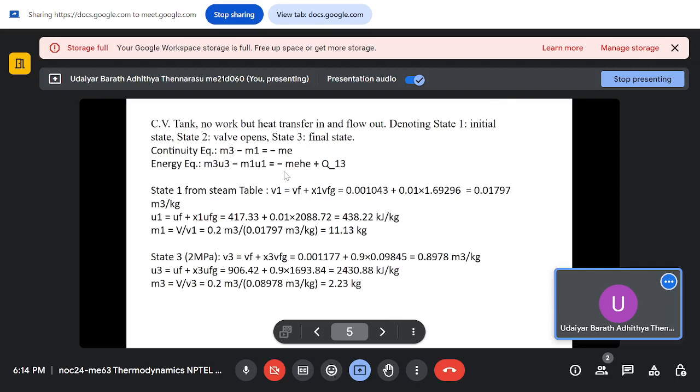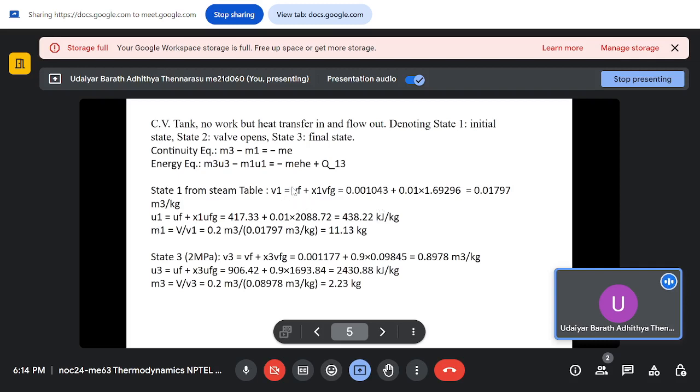Then we will also find the internal energy. So internal energy is u1 equals uf plus x times ufg, using the saturated liquid and vapor internal energies. Substituting the x value, we find that the internal energy at state 1 is 438.22 kilojoule per kg.